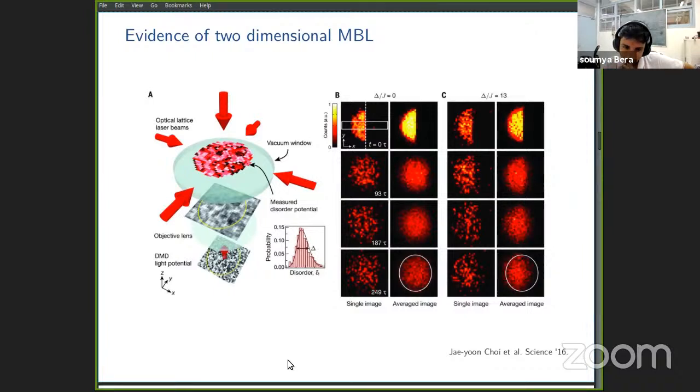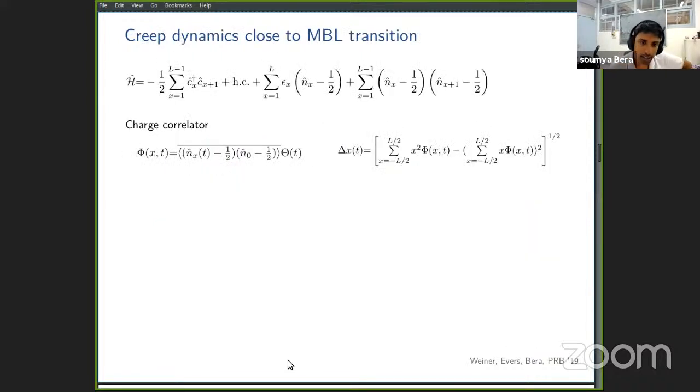The question is, so therefore, what shall we look at? What I will be more interested in is, as I said, a density correlator. So this is a density at n0 at the 0th point, it can be the middle of the system. And then over time evolution, you look at n(x,t). In particular, the second moment of that correlator.